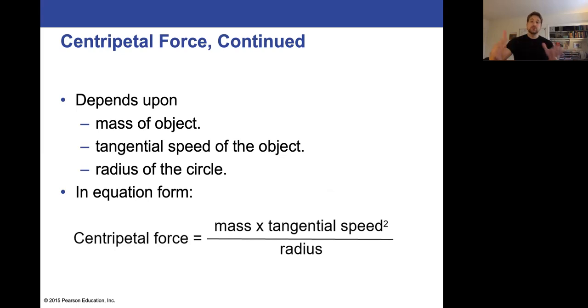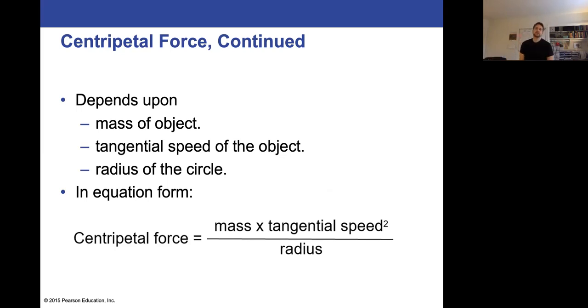The larger the radius, note that it's in the denominator of this fraction, the smaller the centripetal force we need. The bigger the curve in which we're going to try to turn left, the slower our acceleration can be for any given amount of time, because it's going to take us longer to get from this way to that way.